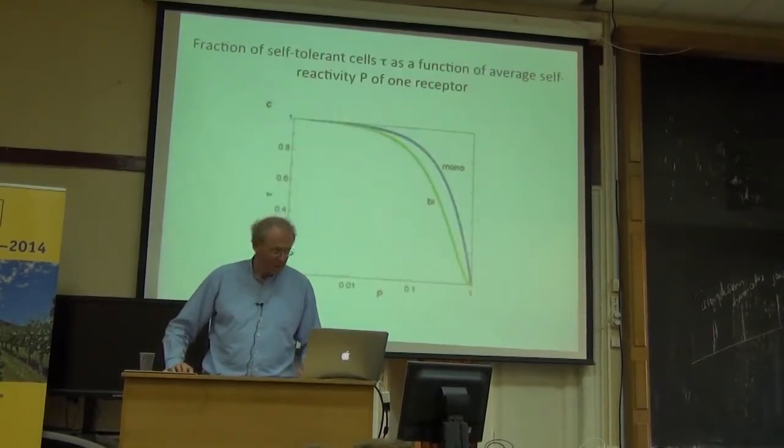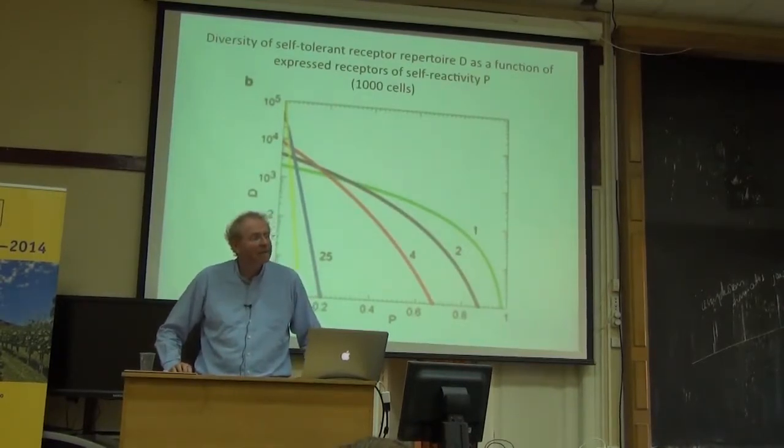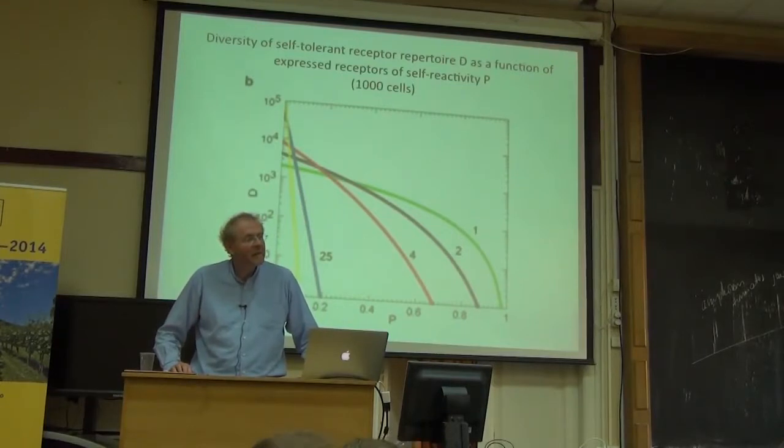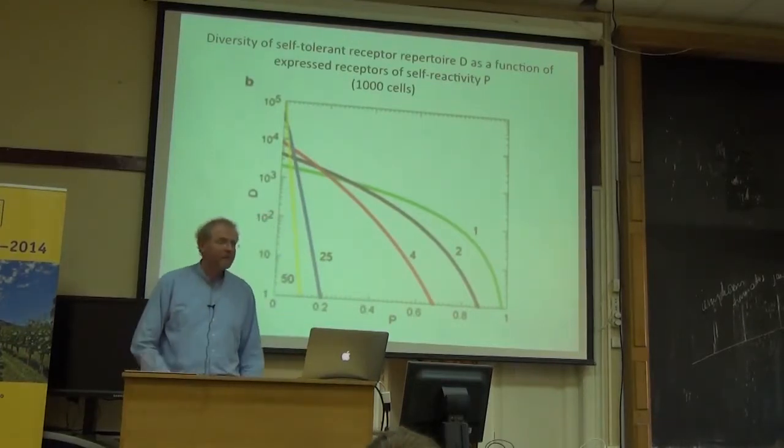Excuse me. Does it mean that the probability of cell reactivity to the host organism in a real situation is more than 40%? So if you take a non-selected lymphocyte, it means by this picture that the probability of cell reactivity of it would be more than 0.4 in a real situation.